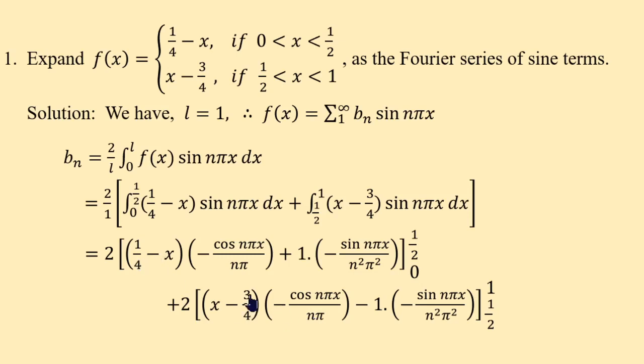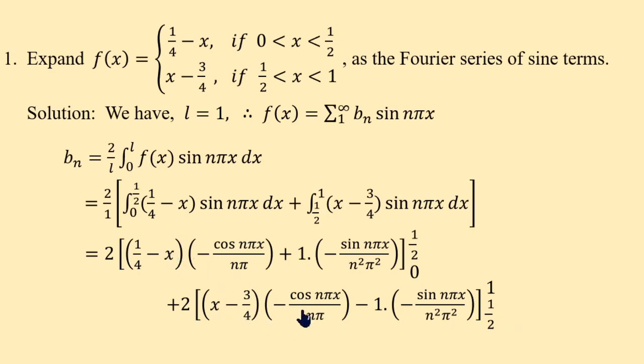Here plus 1 by 4. Here 1 by 4 minus half is minus half. See this. Here half, lower limit, minus sign is there. Half minus 3 by 4 is minus 1 by 4 with minus sign is plus 1 by 4. But it is for the lower limit, therefore minus 1 by 4.